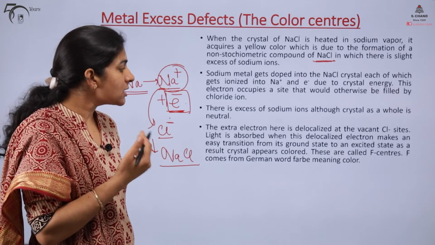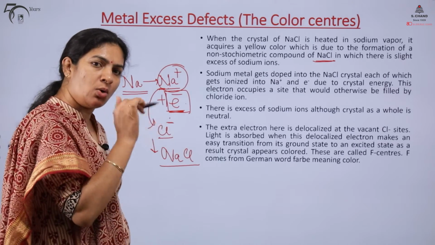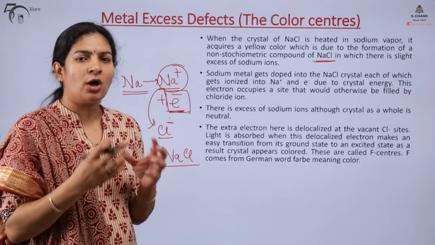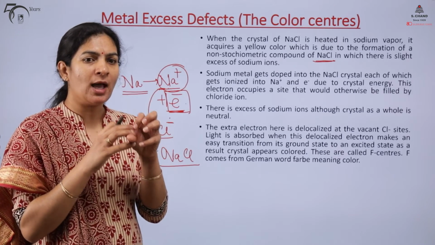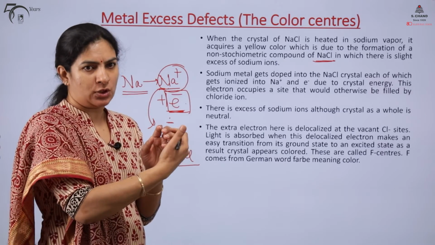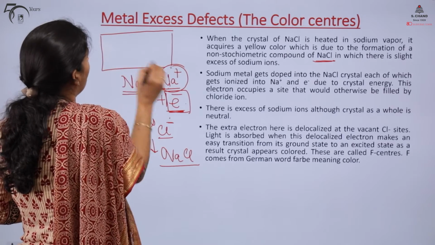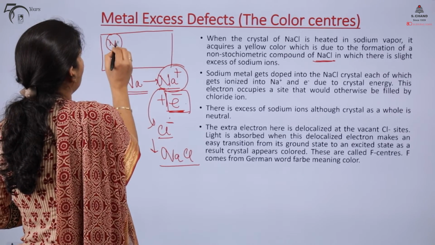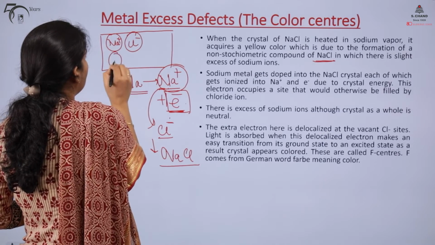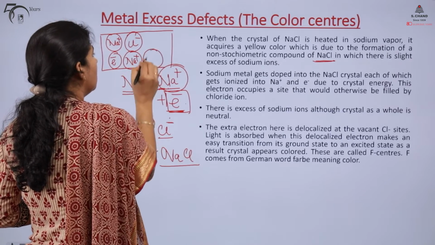It is disturbed. Now this extra electron which has occupied the position of the chloride ion is not sitting at one place. It keeps on jumping from one position to another. Let's say this is your sodium ion and chloride ion, and here we have an electron, and here again sodium and chloride ion.